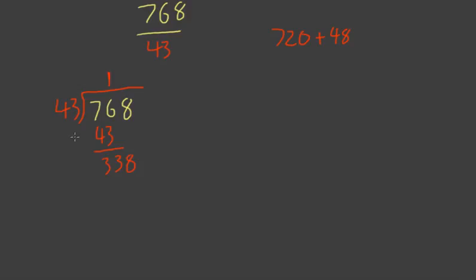Okay, so how many times does 43 go into 338? Well, we can estimate if we change this 43 to 40, in our brains or on paper. And 40 times what is close to this number? Well, 40 times 8 is 320. So maybe 8 will go into this. Let's try it out.